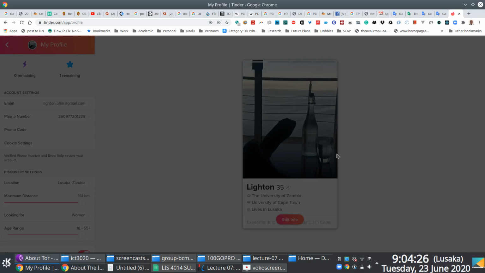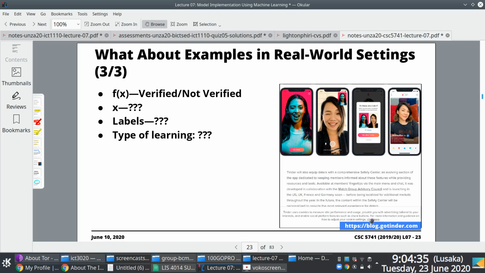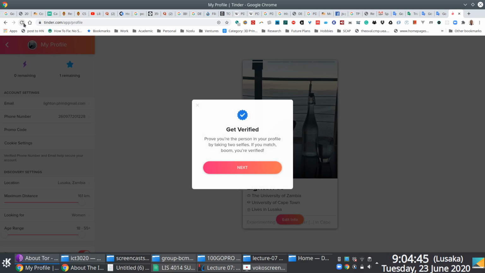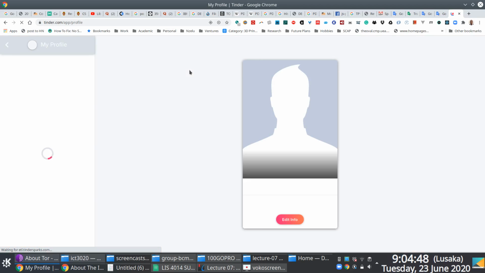I would have to tick this, and then it turns out that the techniques they're using are really interesting, right? And by the way, there's a nice write-up on their blog. So if you go on their blog, you notice that they use geometric features, and I think this is best done using a mobile application.